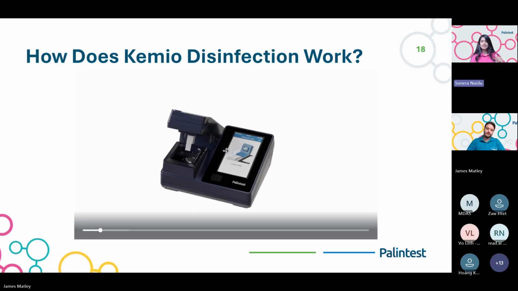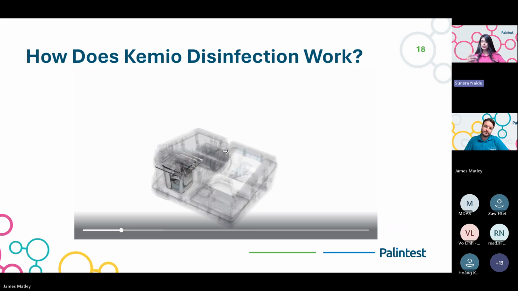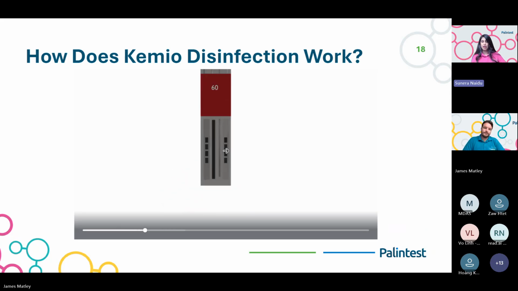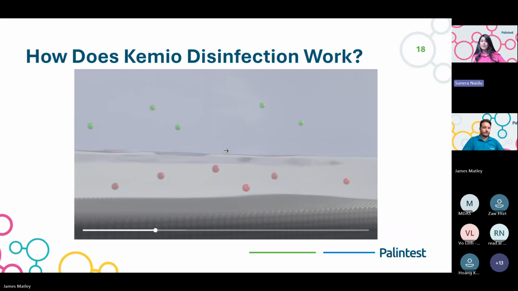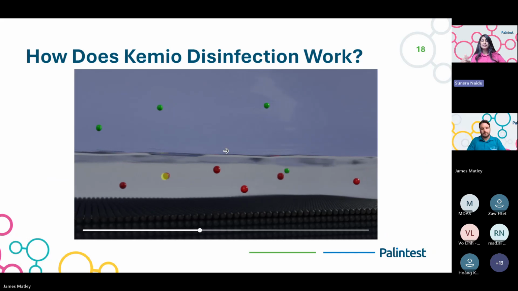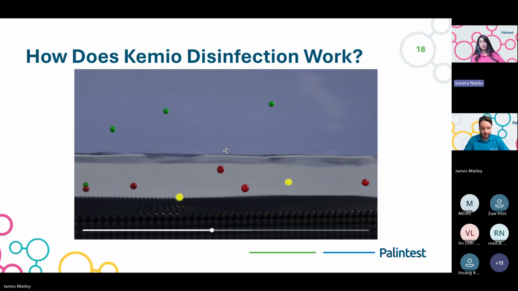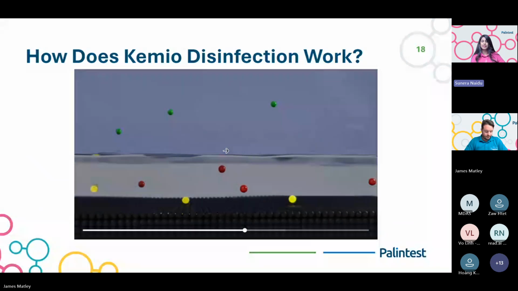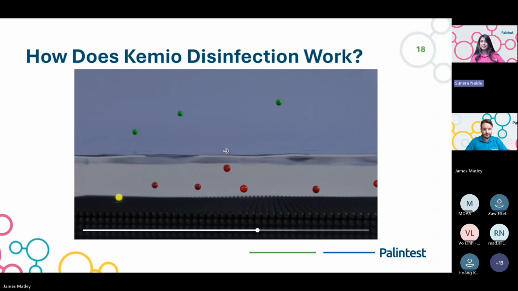So as you can see, the sensor is inserted into your instrument, which is your Chemio instrument. The sensor comes into contact with your sample. And let's go in depth and see what happens on the surface of the sensor. So we have the sensor pre-dosed with potassium iodide. This potassium iodide reacts with your peracetic acid. The peracetic acid is then oxidized. So you have the iodide ion, which is oxidized.